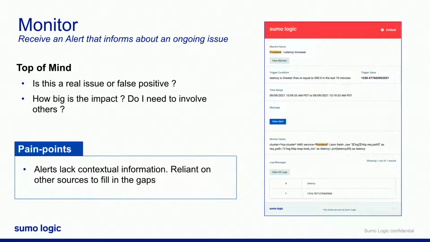And to help answer these questions, he would typically try and gather information from the alert itself. But the information in the alert is typically restricted to the KPI being alerted. In the screenshot here, you can see a latency alert, which can tell you a lot about the latency, like when it started, how long this issue has been going, but it does not answer all of the questions that I mentioned above.